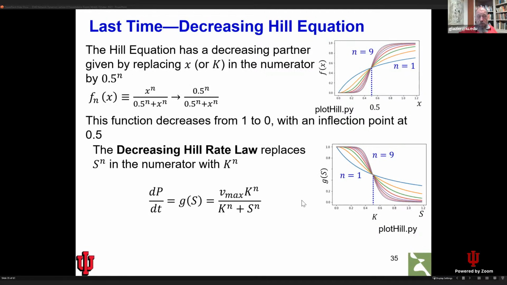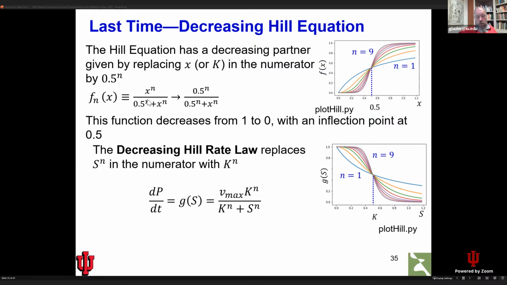Something that other people also maybe need to be clearer is that one of the things that I like about the Hill equation is that there is this nice symmetry where if we want to go from an increasing Hill function to a decreasing Hill function, we look at our Hill function in the form x to the n over k to the n plus x to the n. Here I've written k 1/2.